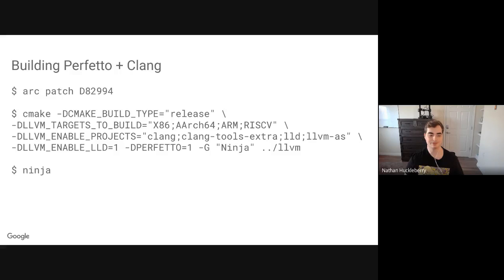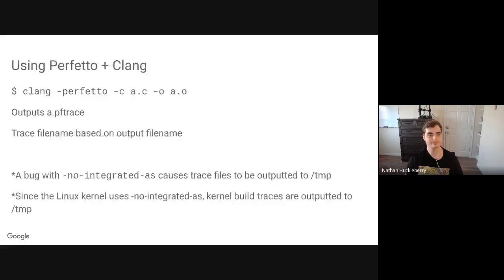So here's essentially what I've been using to build Clang. And then when you actually go to use it, you pass a -perfetto flag, and then it uses the output file to determine how to name the outputted trace file. So if you were outputting a.o, it would output a.pftrace.